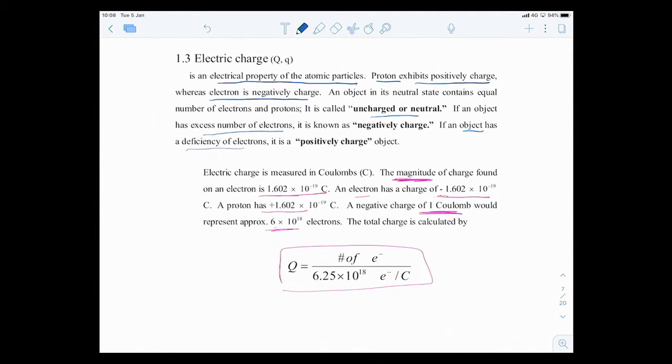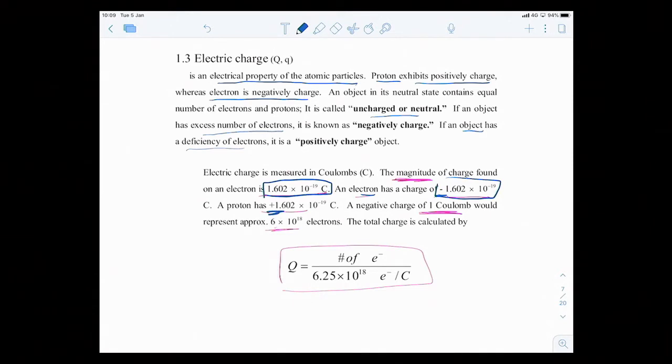Electric charge is measured in coulombs, and the magnitude of charge is 1.602 times 10 to the minus 19 coulombs. Please remember that. Since you're going to be electrical engineers, maybe you have to get this number into your head. Q is equal to 1.602 times 10 to the minus 19 coulombs. So an electron, being negatively charged, would be written as minus 1.602 times 10 to the minus 19 coulombs, whereas a proton will be positive.